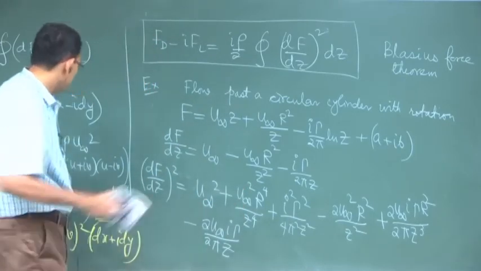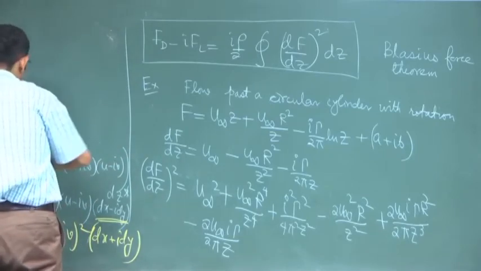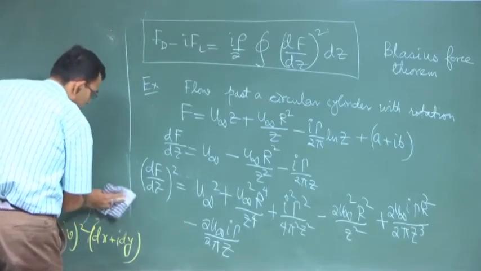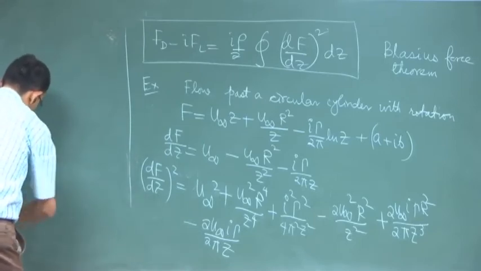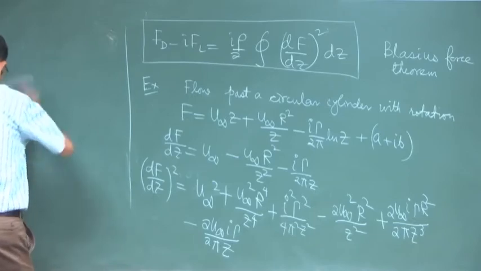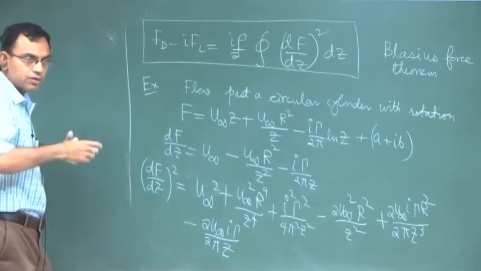So, in general this is the scenario for a function which is an arbitrary complex function.